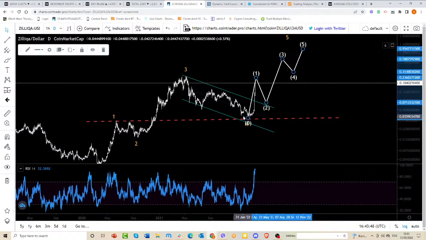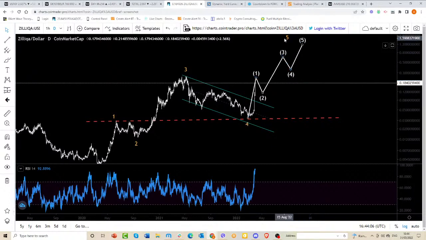Usually when you have this breakout on the upside, you can also get a sharp retest of this channel, of the corrective channel, but I don't think we're going to go there. I will go a little bit more on the upside, 0.11, 0.15, and then possible developments further on the upside in Zilliqa for the continuation of this fifth wave on the upside.